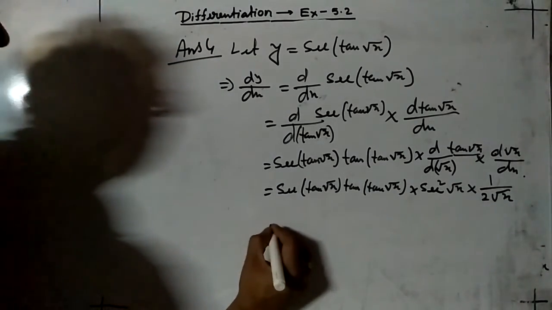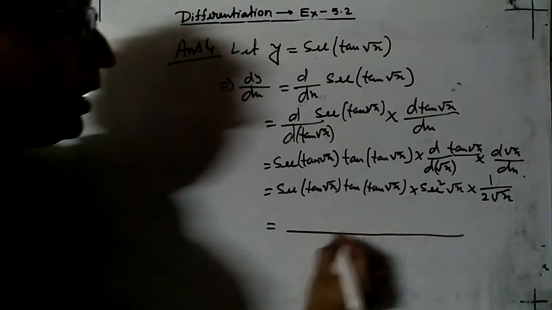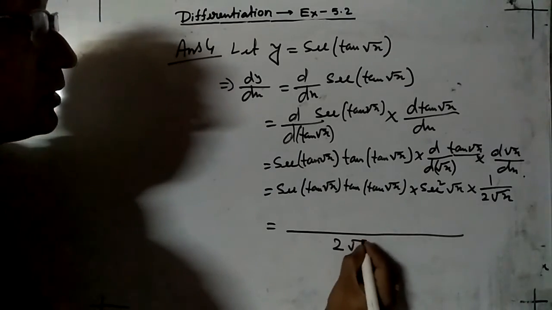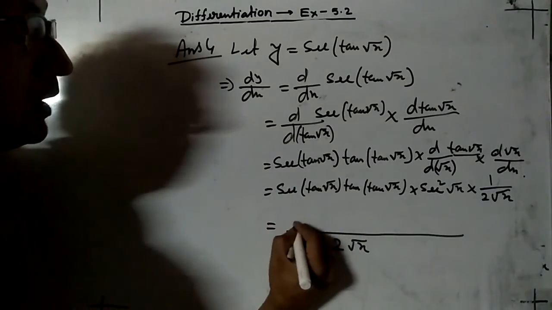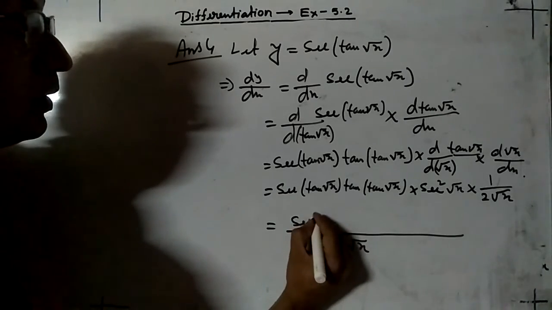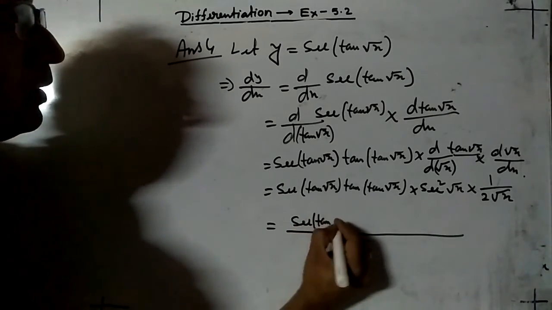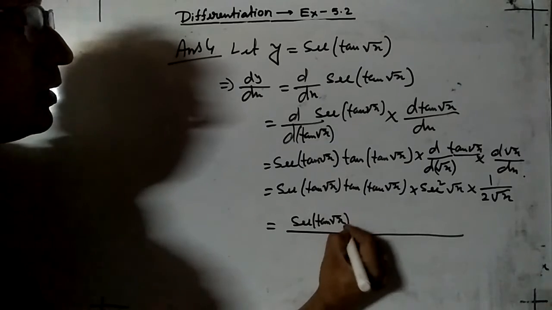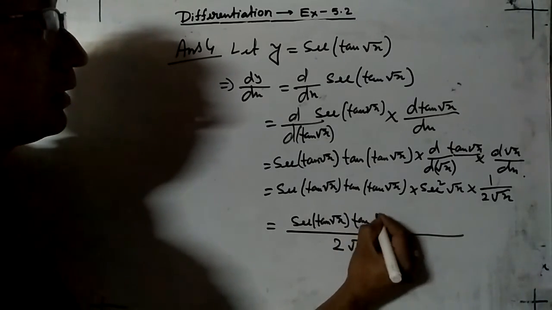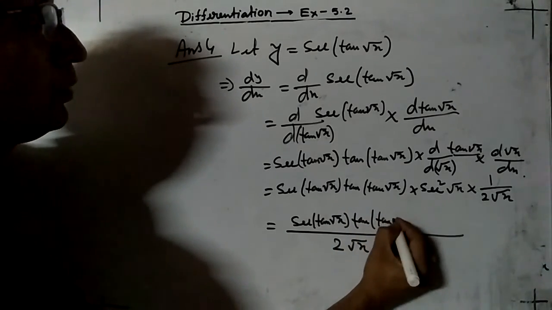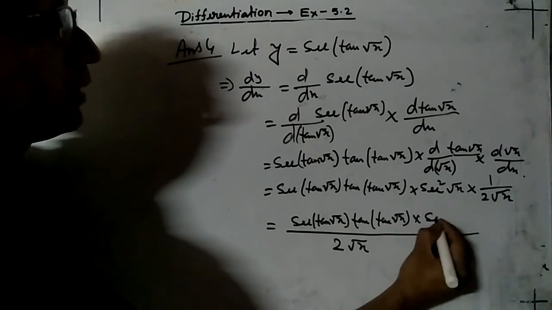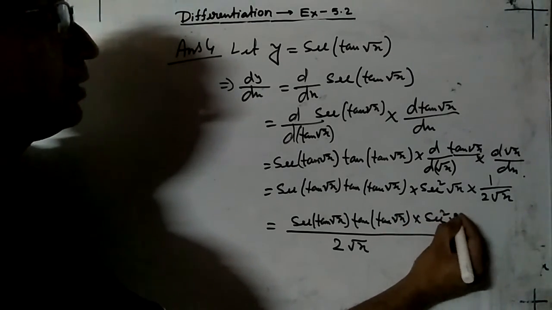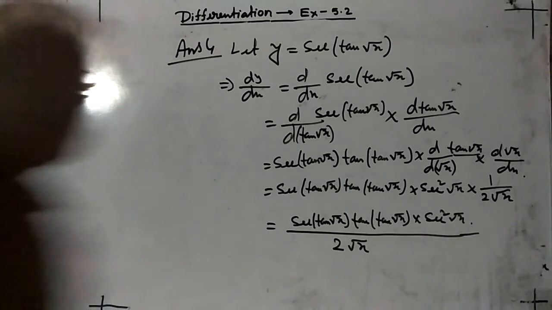So finally, in the denominator we get 2 root x, and in the numerator we get sec of tan root x, tan of tan root x, into sec square root x, right?